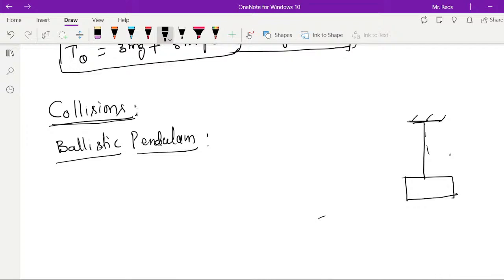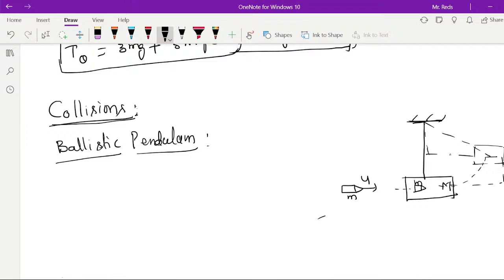Now, if a bullet of mass small m is fired with some initial velocity u, it will come and get embedded in it. If this block has mass capital M and this has mass small m, these two together will rise to some height h.